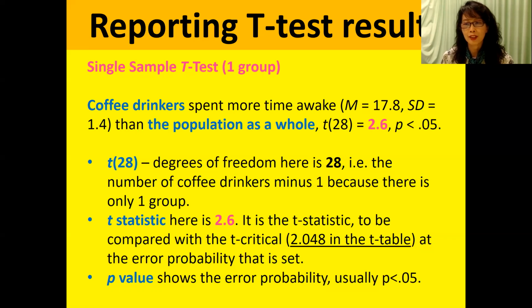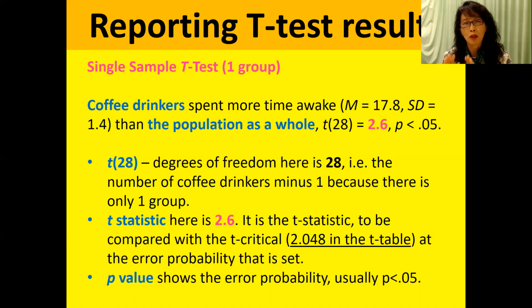So the p-value here you can see is p less than 0.05. If the researcher has reported that p is less than 0.05, it means that the results are significant. This group of coffee drinkers are significantly different from the population as a whole in the amount of time they are awake.